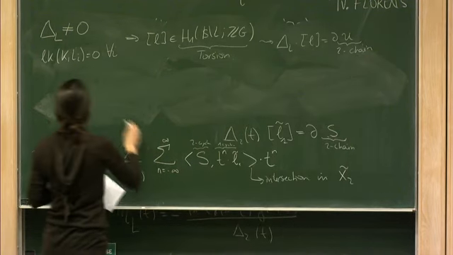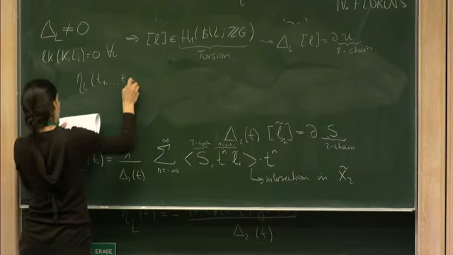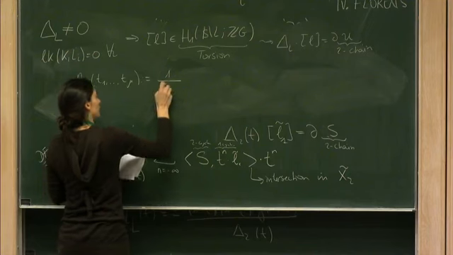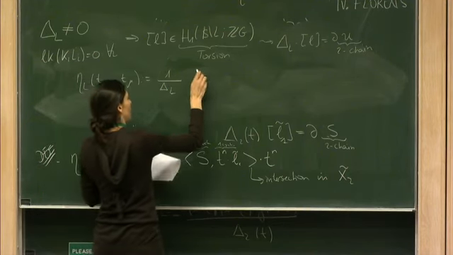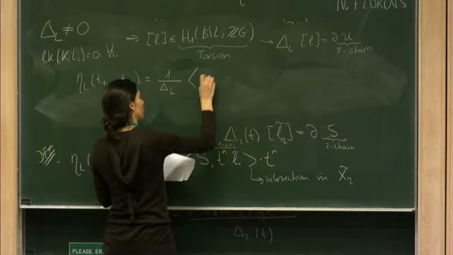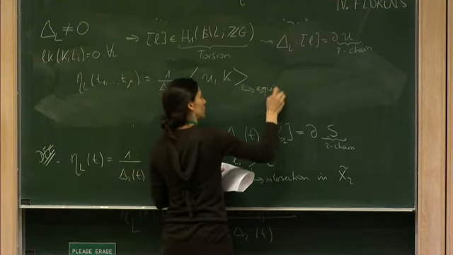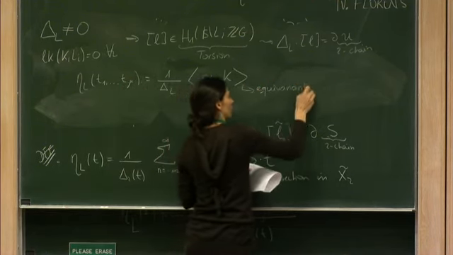And then you can define your multivariable eta function on these mu variables as 1 over delta L times the, let me do it like this, equivariant intersection.